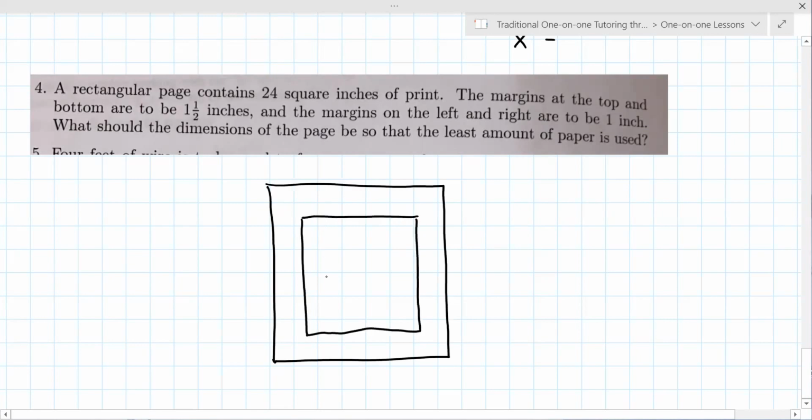I think this is the printed area, because we know there's a border around pages. So the margins at top and bottom are to be 1.5 inches, like this is 1.5 top and bottom. And then left and right is 1.